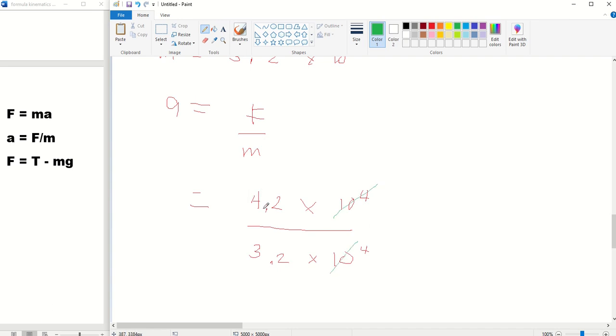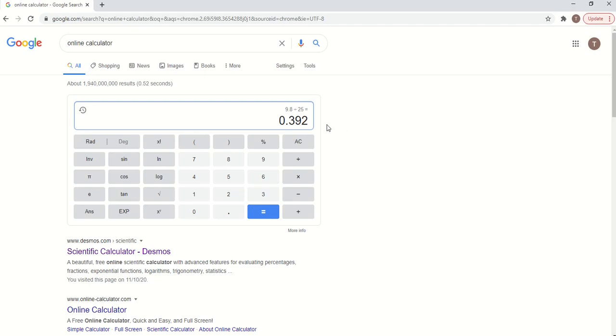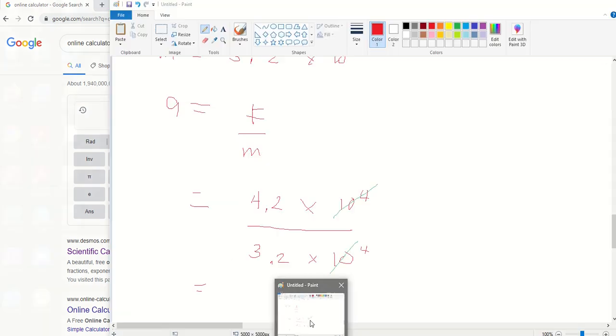Matitira na lang 4.2 over 3.2. Calculator natin. 4.2 divided by 3.2 is equivalent to 1.31 na lang gamitin natin. So, 1.31 meters per squared second. Ito ang ating acceleration.